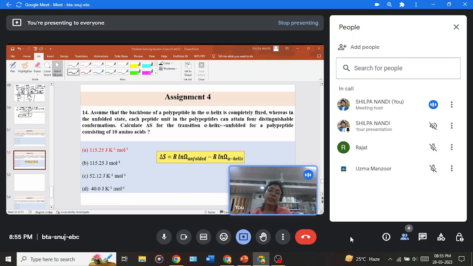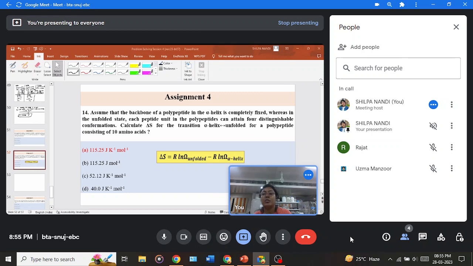So here we have 10 amino acids. So each of the 10 amino acids can obtain 4 different conformations. Whereas for alpha helix that is already fixed, it also has 10 amino acids, but it cannot attain any different conformation, right?